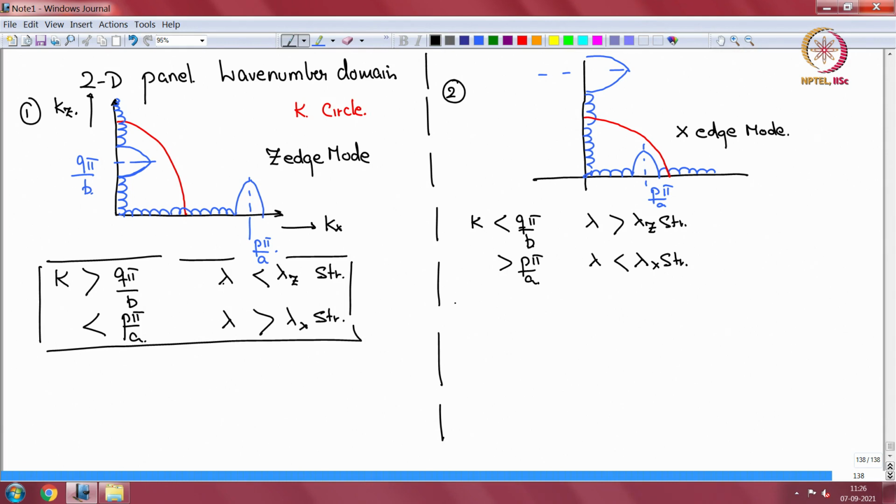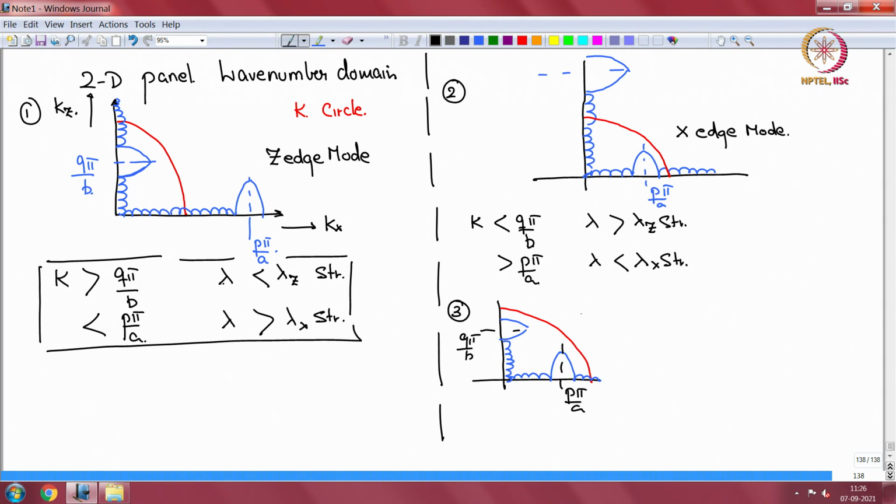Now the third case will be where we have this situation. This is p pi by a, this is q pi by b.